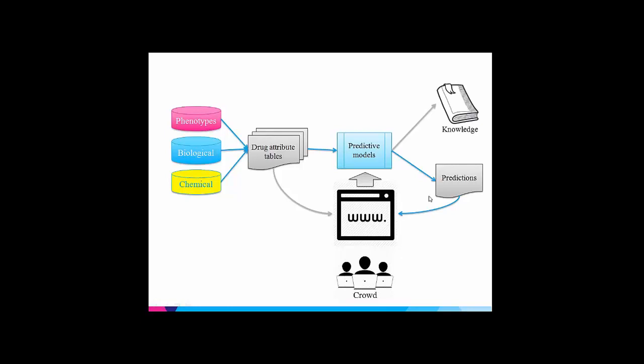And we also want to apply our predictive models to all of the small molecule compounds profiled in the LINCS project and share the predictions through a web portal. And also we have been trying to set up crowdsourcing challenges to challenge people to come up with their predictive models, and we can potentially evaluate their predictive models.